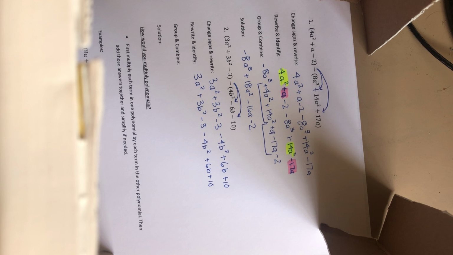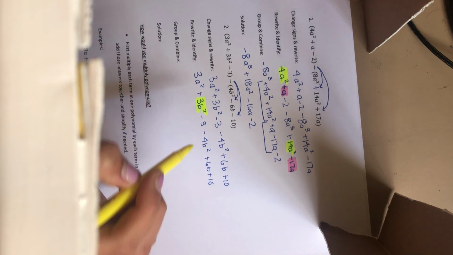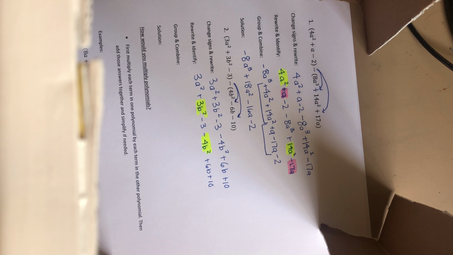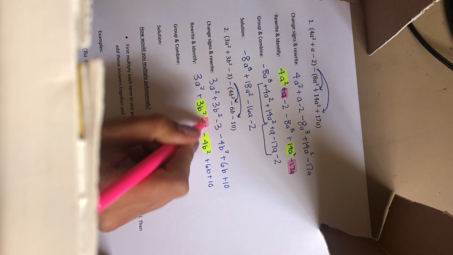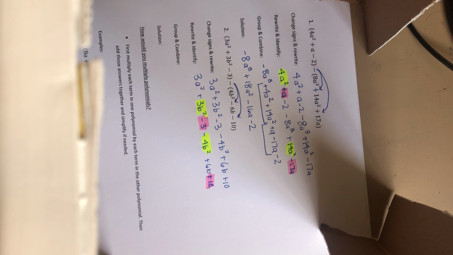So what can we identify here? Well, we know that we have a 3b squared and a negative 4b squared. We also know we have some without a b value. We have a negative 3 and a 10. All right, so let's rewrite this out so we can group and combine them.